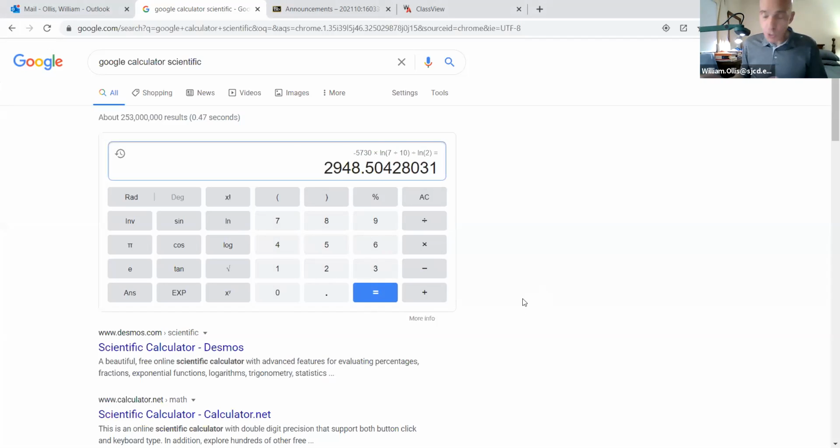And this will give us 2,948.50, approximately. So to the nearest whole number, that will be 2,949 years.